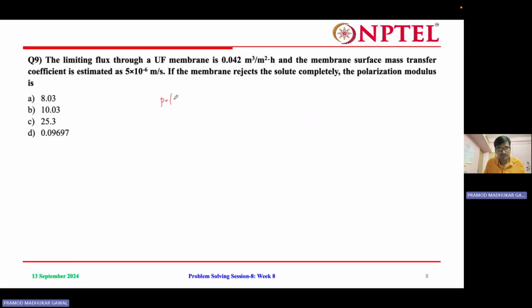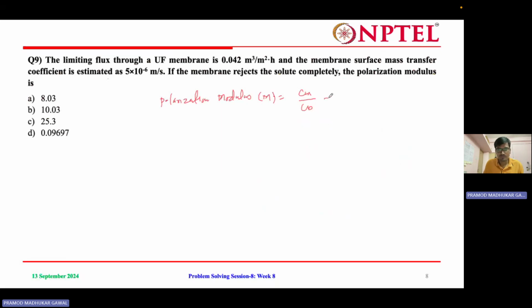To calculate the polarization modulus, denoted by Cm by Cb, right? Here Cm is the solute concentration in the liquid at the membrane surface, and Cb is the solute concentration in the bulk solution.